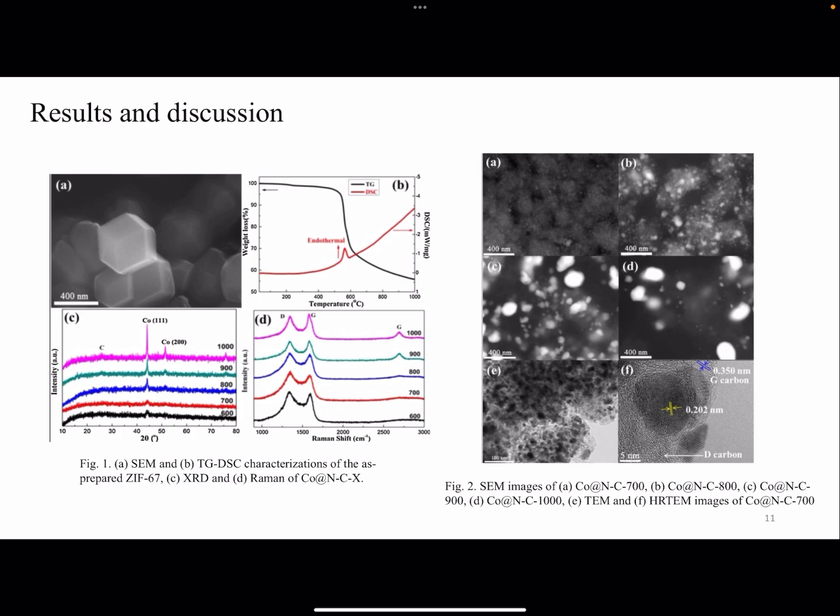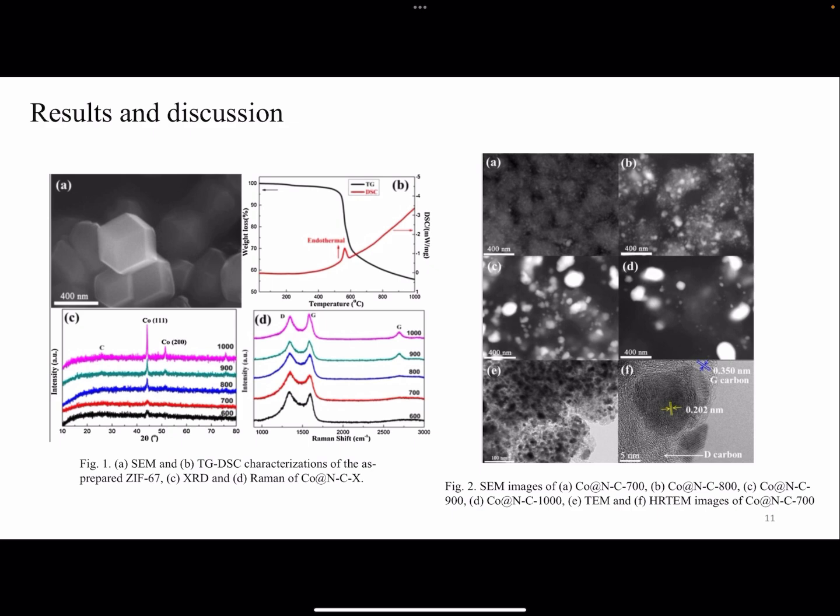Okay, next, let's look at figure 2, and let's see the morphology under the microscope. As shown in images A to D, the original polyhedral shape of ZIF-67 is well preserved at 700 degrees Celsius. However, as the temperature rises to 1000 degrees Celsius, we see significant aggregation, where cobalt species assemble into large, bright particles on the surface.